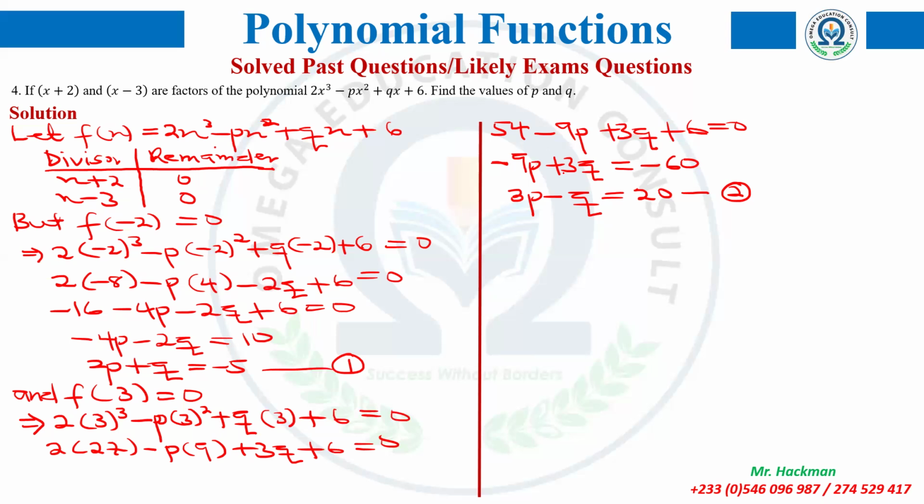The 3 is positive, yes, but we were dividing by negative 3. Once you are dividing by negative or multiplying by negative, all positives will turn to negative and all negatives will turn to positive. That's why this negative became positive, this positive became negative, and this negative became positive. Okay. Thank you.